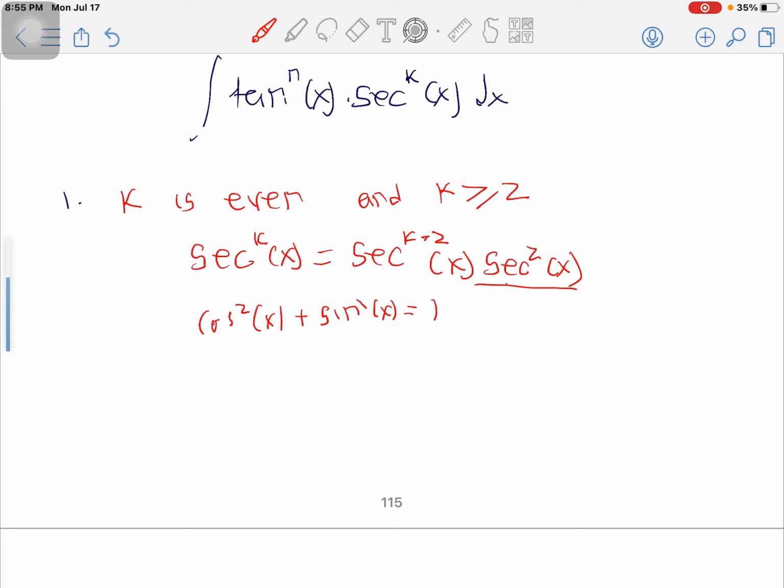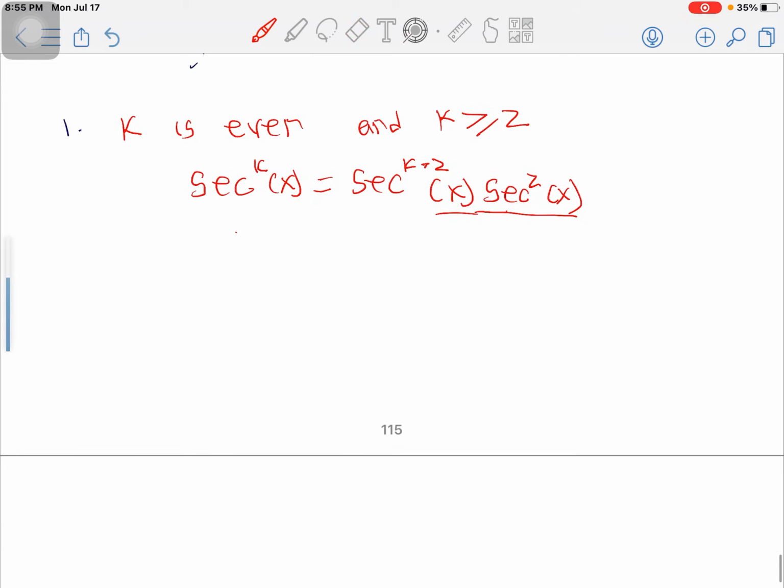But in this way, there's a particular identity that we want to use, and for that matter, we need to express it in such a way that we will get sec square x attached to it. That is, if the power of the sec is even and is greater or equal to 2, then you can reduce it like this.